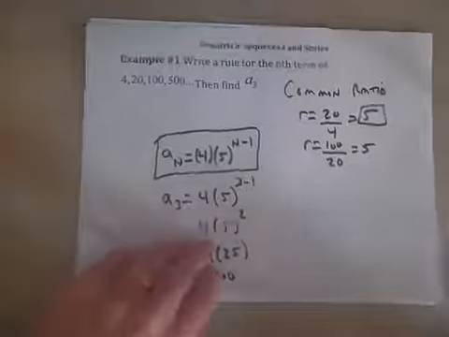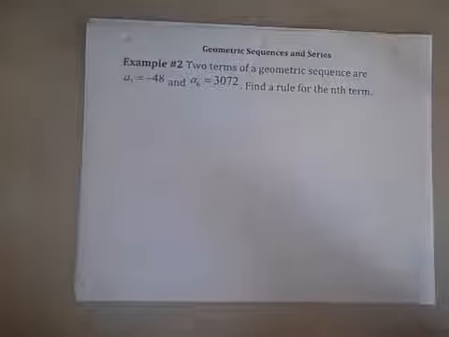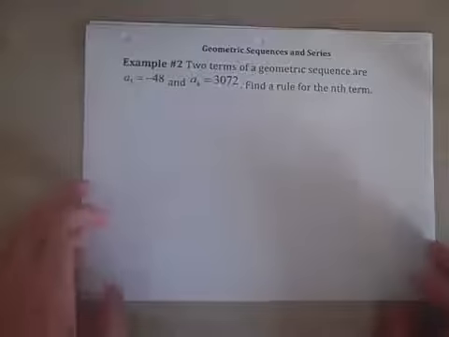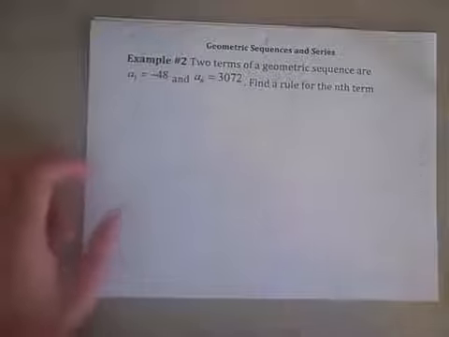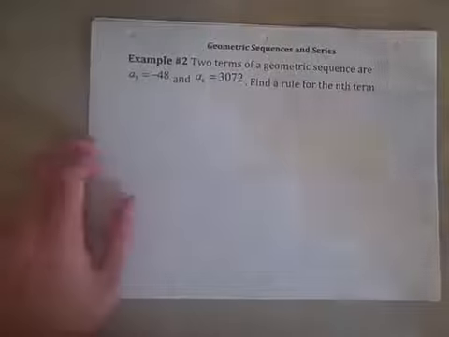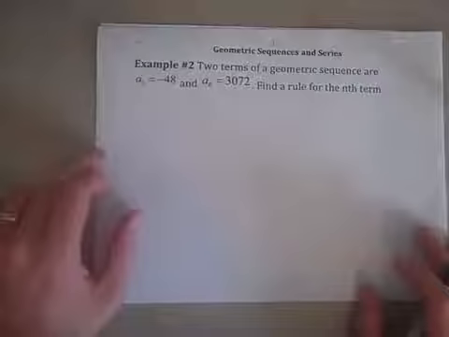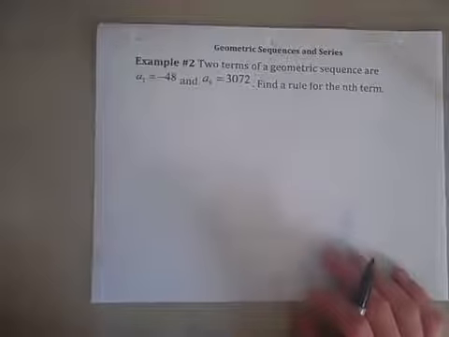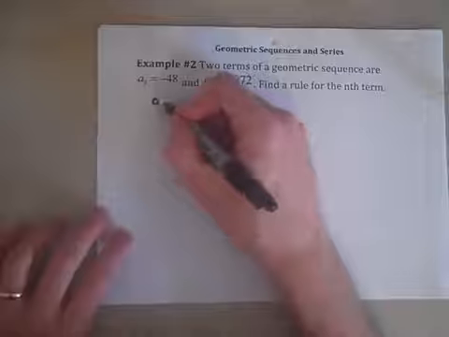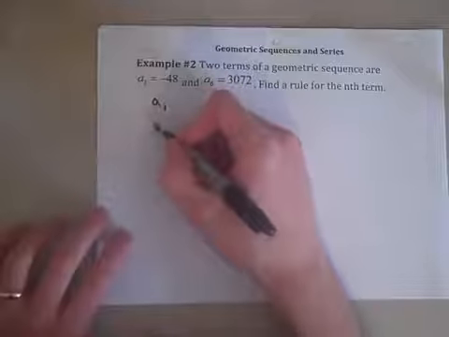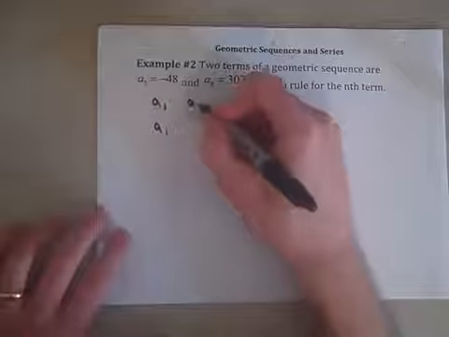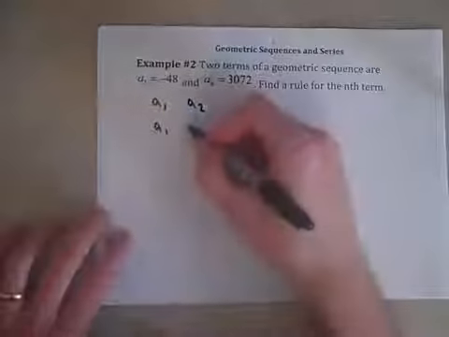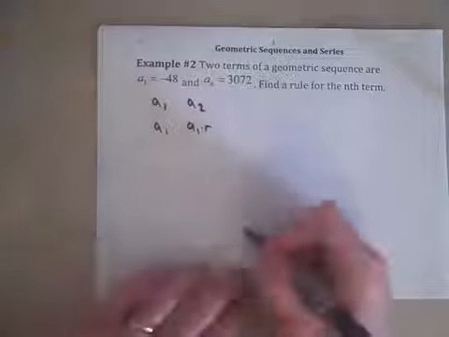Okay. Let's go to example 2. Two terms of a geometric sequence are the third term, a sub 3, is negative 48, and the sixth term, a sub 6, is 3072. So let's see. A sub 1 is a sub 1. A sub 2 is a sub 1 times the common ratio.